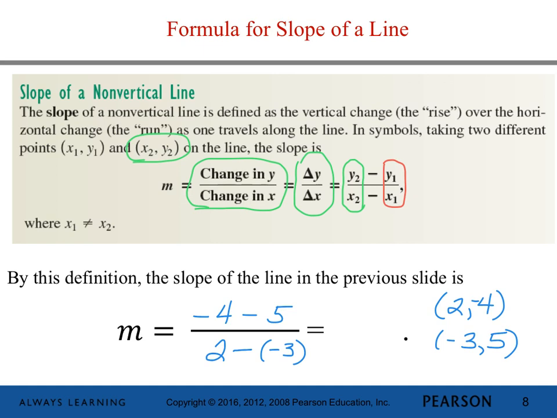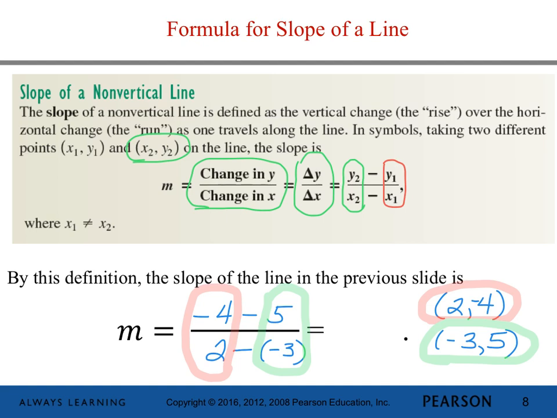Notice here that the (2, -4) was on the front end, and the (-3, 5) was on the other end.